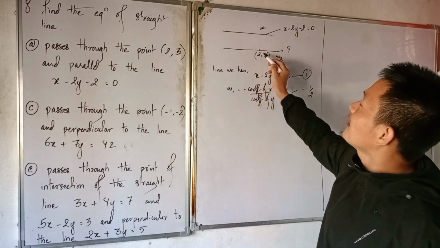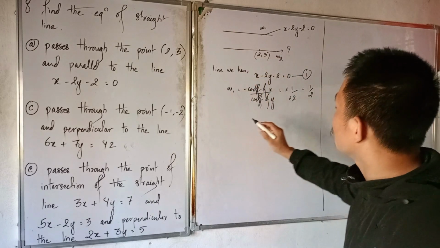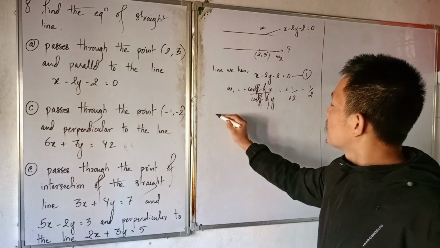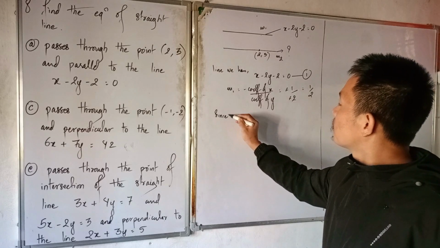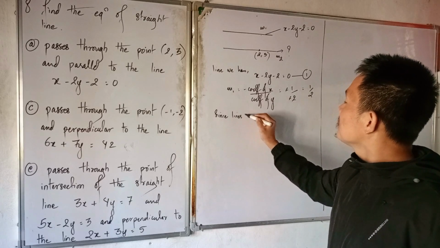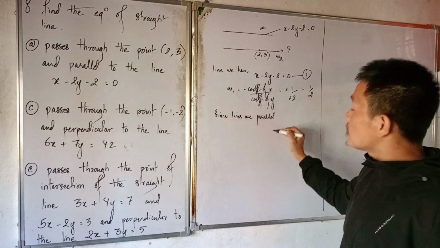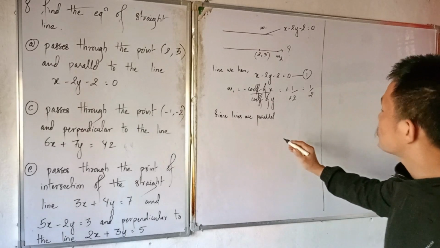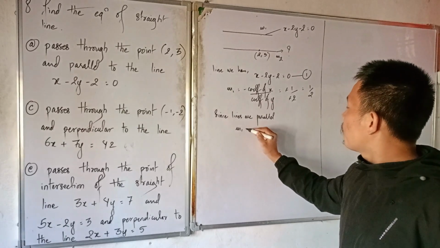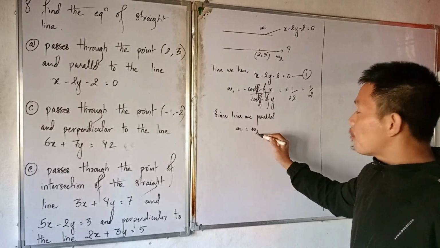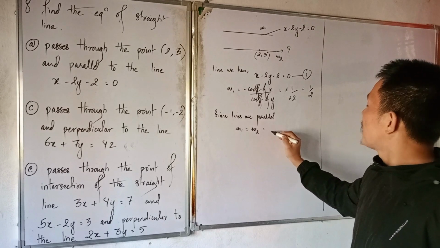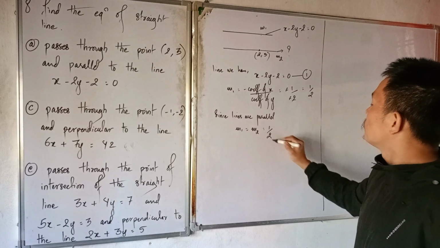So this line and this line are parallel. Since the lines are parallel, m1 must be equal to m2, so that is equal to 1 by 2.